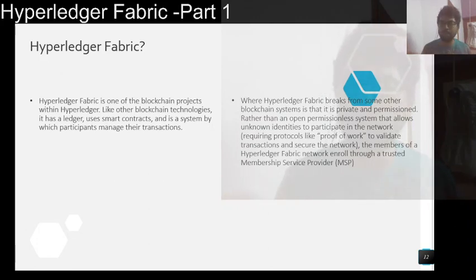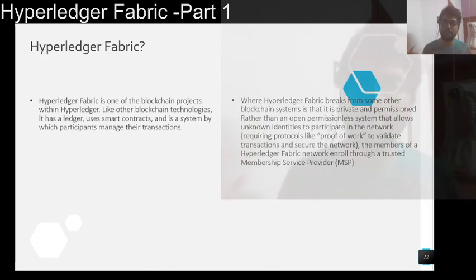Every member here will be a known member, so everyone will be enrolled with trusted membership, and we know each and every one. In the previous example, a banker and the RBI or different parties, how are they connected to each other?